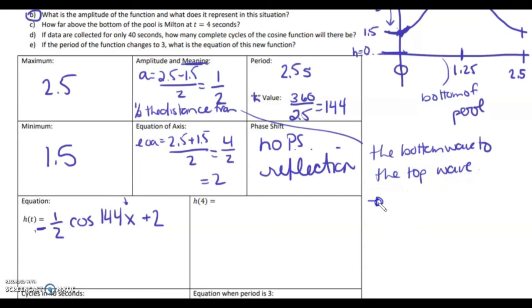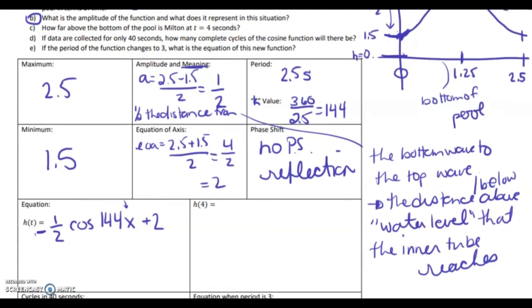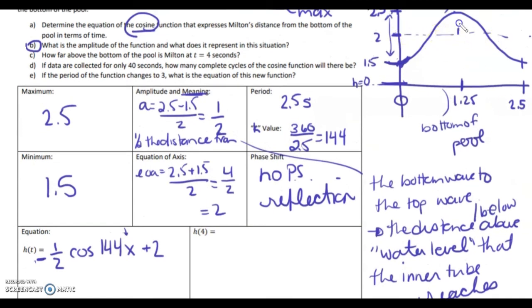Okay, the other way you can think of it is the distance above, and I'm going to put in brackets water level, distance above and below water level that the inner tube reaches. Okay, so what happens here is we have the equation of axis, and the inner tube goes 1.5 up and then 1.5 down.